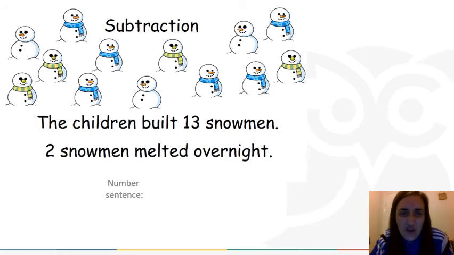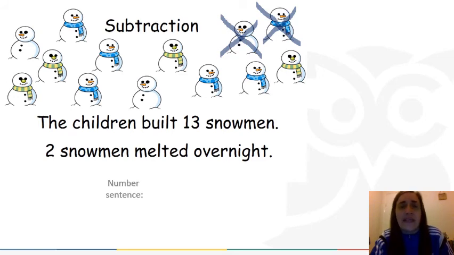Yeah, I think I might have to cross them out. So, because I'm going to take them away. If they melted, they disappeared, didn't they? So I'm going to cross out this one with his lovely blue scarf. Bye-bye. I'm going to cross out that one there. Beautiful snowmen. Oh dear. How many are left?